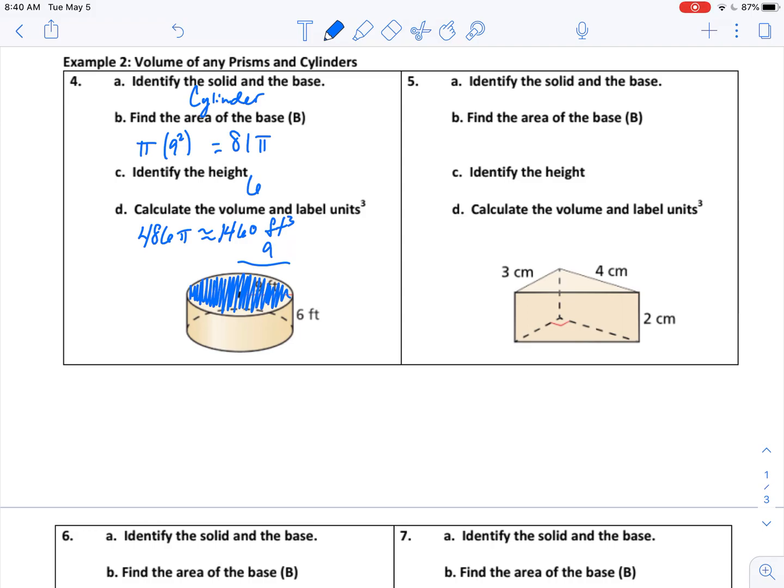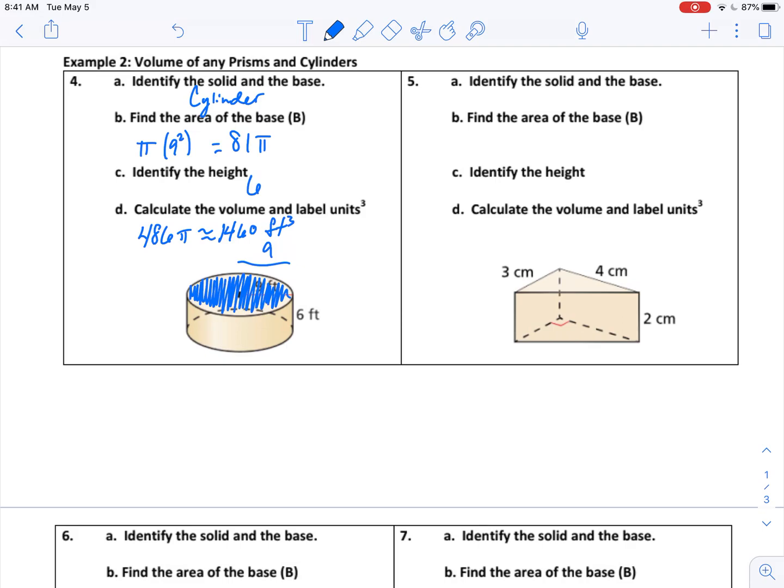All right, for 5, let's identify the base. What are my non-rectangular sides? I've got 2 triangles here. So you've got to be very, very good at your areas of regular shapes. And you can always Google these, of course.